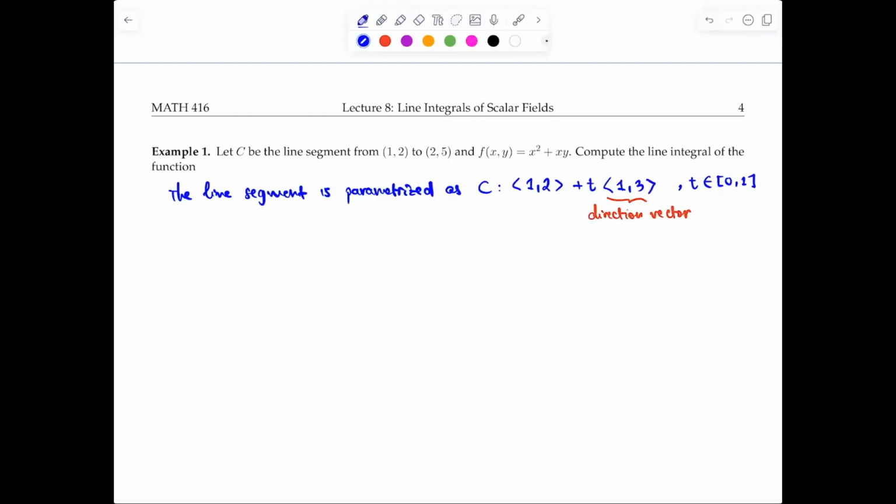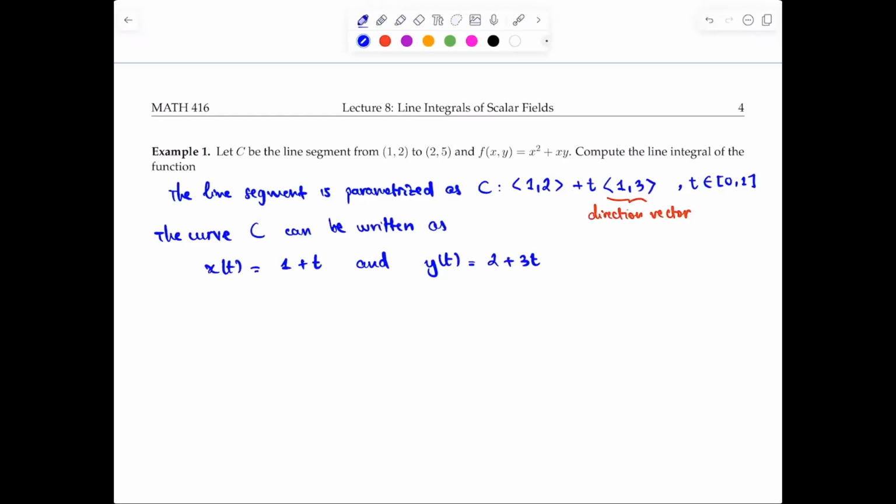Now, instead of writing in this form, I'm going to write it in terms of equations like this. So the curve C can be written as x of t equal to 1 plus t, and y of t equal to 2 plus 3t.